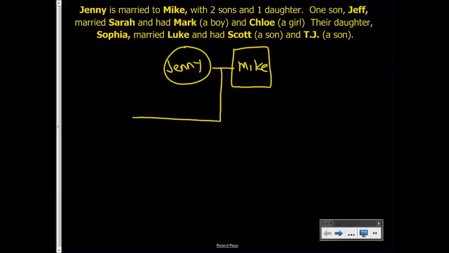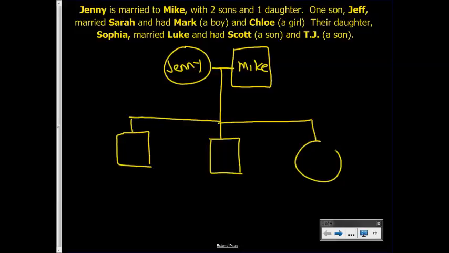Branching off, I have 3 offspring. 1 son, a second son, and 1 daughter is named. One son, Jeff, is married to Sarah.